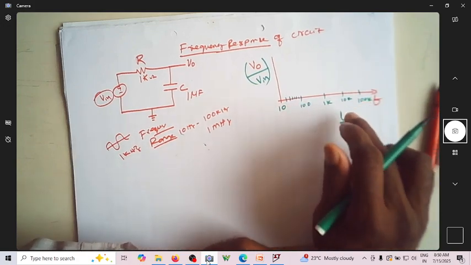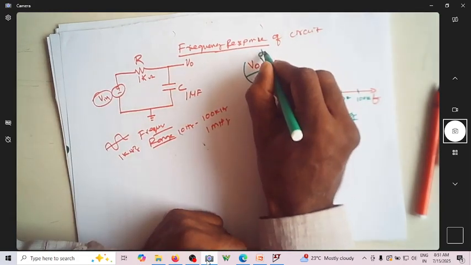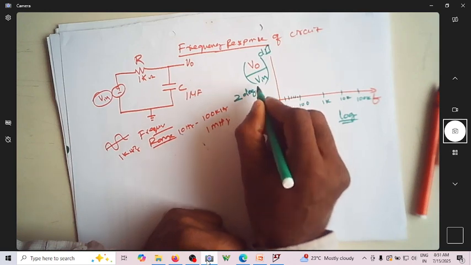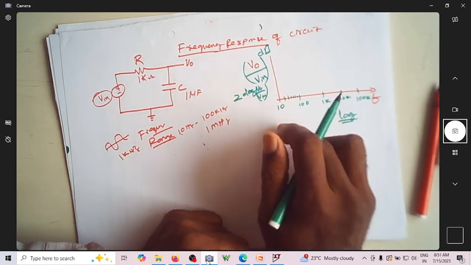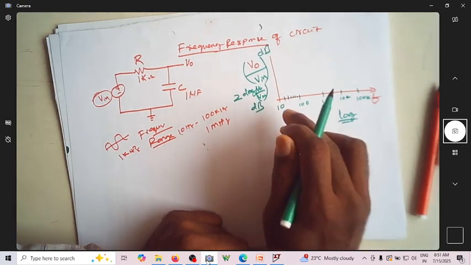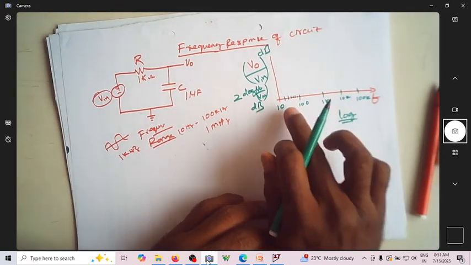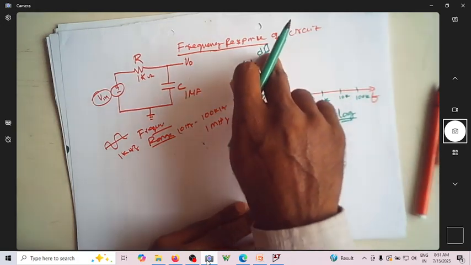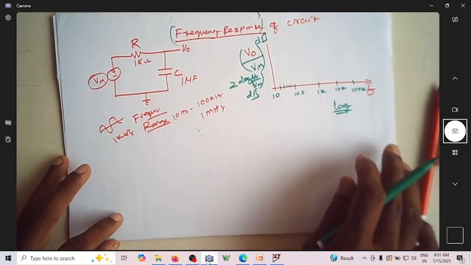The y-axis will usually be in dBs, meaning 20 log of V naught by V in will be the magnitude plotted. So typically in most cases, whenever you are plotting the frequency response of a system, the x-axis is logarithmic and the y-axis is in dBs.